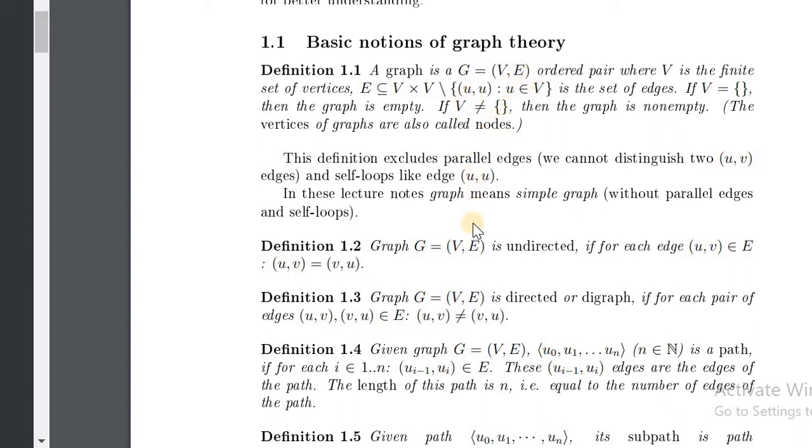And we have mainly two types of graphs, and the first one is directed and the second one is undirected graphs. Pretty straightforward.